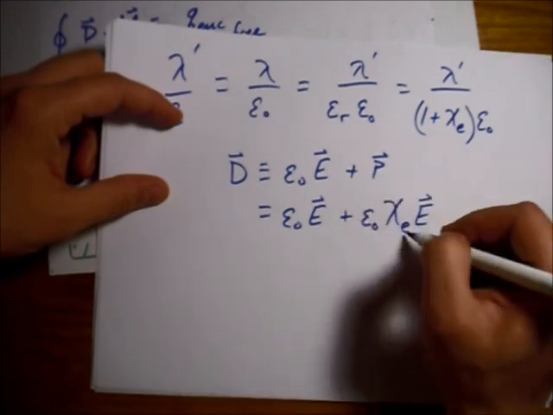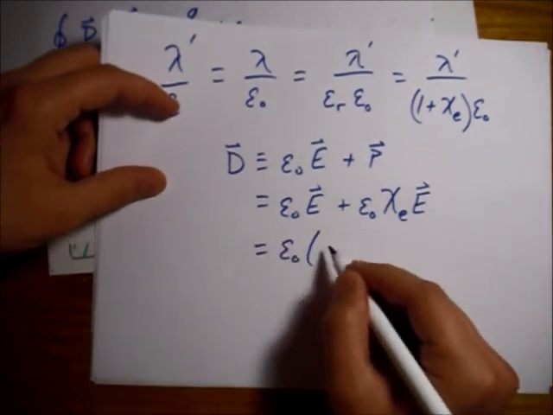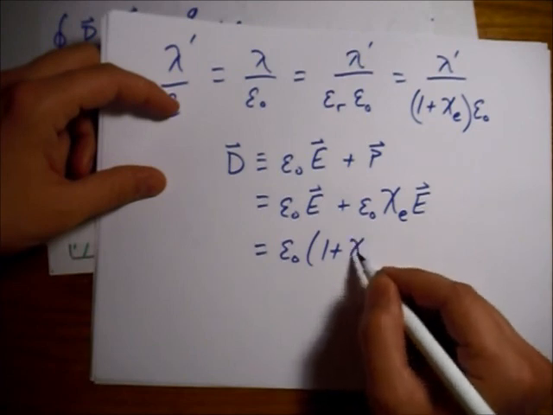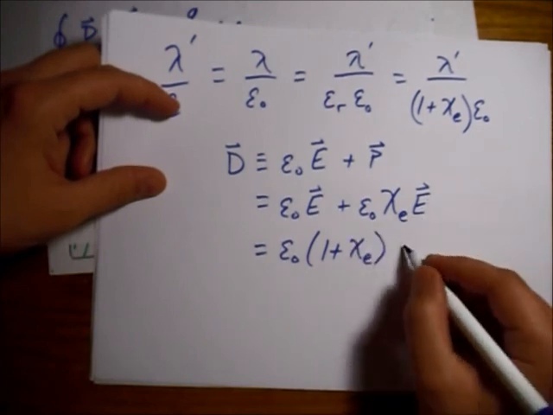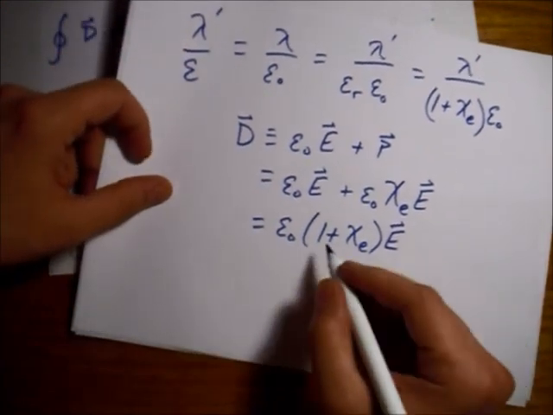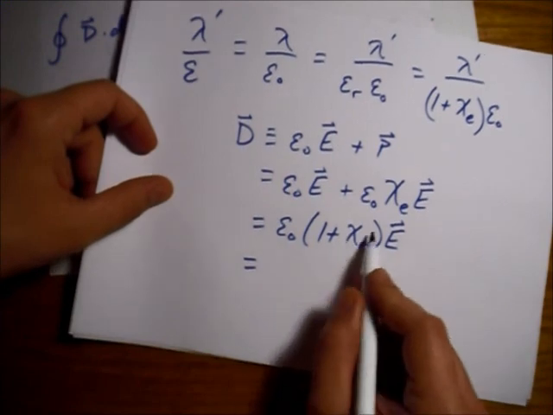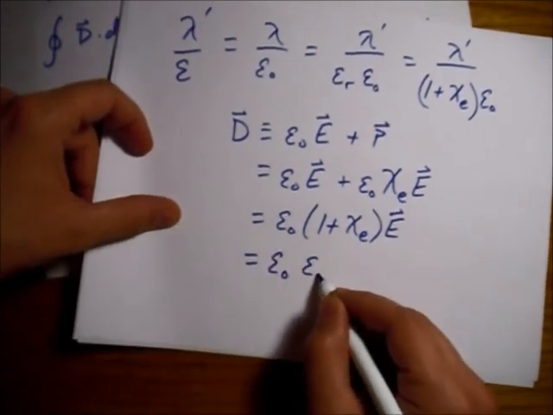So this is for linear dielectric. This gives us epsilon naught, we have a 1 plus this electric susceptibility and E here. All right, and then we call this 1 plus electric susceptibility our dielectric constant.